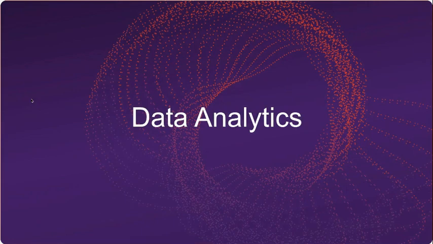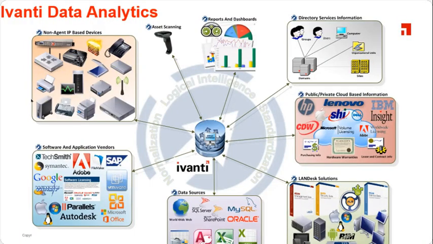Now there are just a few more additional steps, which are add-on modules in Endpoint Manager. The first one is data analytics. What data analytics does is drill down a lot more into that license management and also the warranty information. It's an additional module that gives us an extra step into asset management. With data analytics, we're able to gather our license information from multiple data sources, whether that be from our Microsoft portal, our Adobe portal, or maybe even our VMware portal.